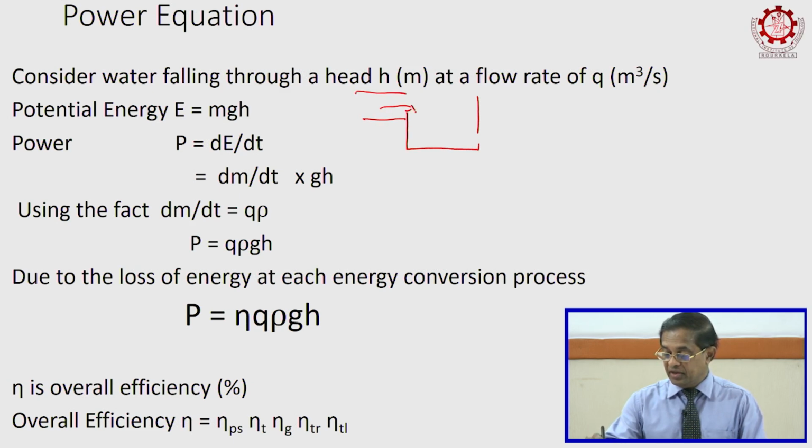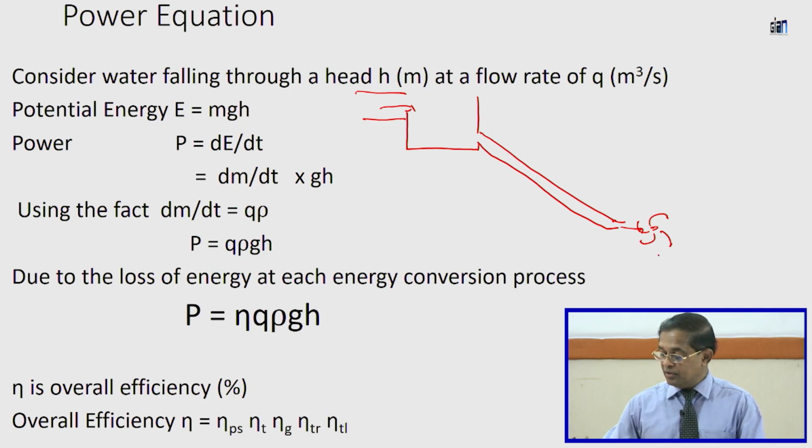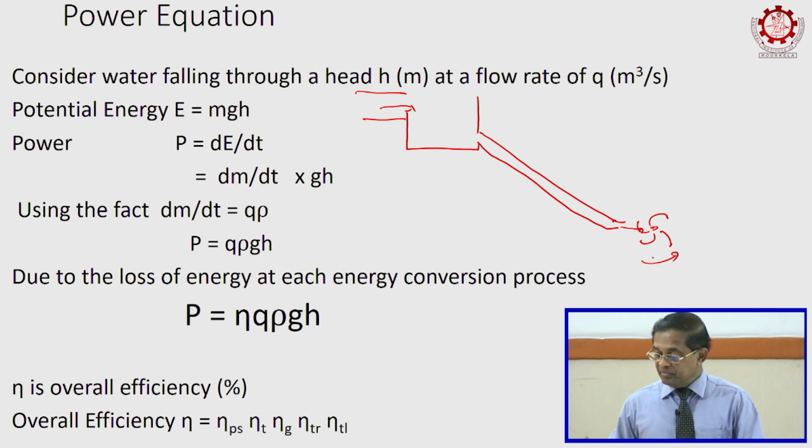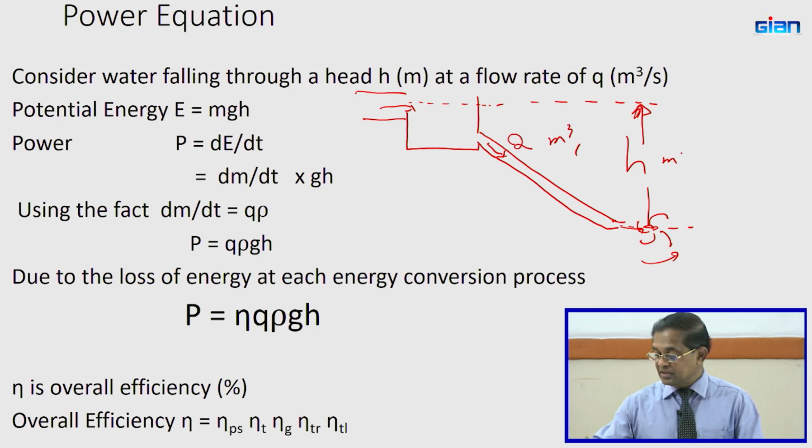This canal brings water here, and we have the penstock here, and we have the turbine here, and the water jet goes and hits it and rotates it. And so, our head is the top water level here to the jet level in a high head project, and the water flow rate is the water flowing in the penstock, in cubic meters per second, and H is in meters.